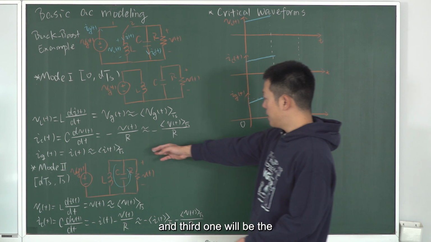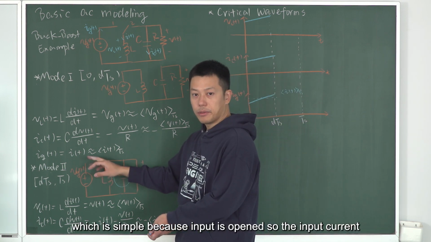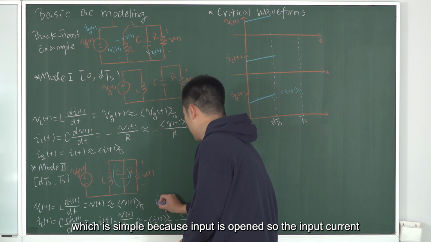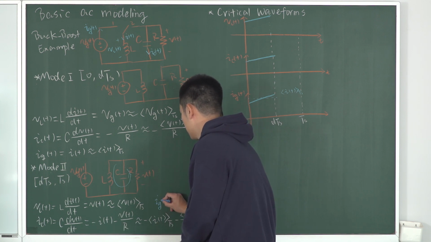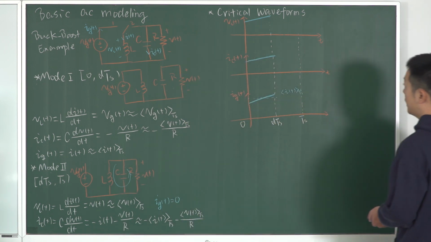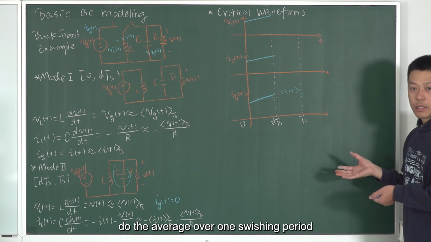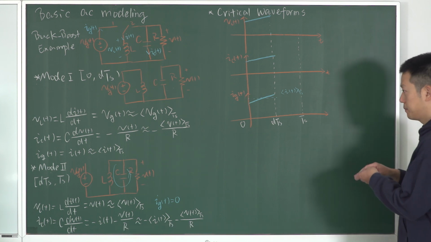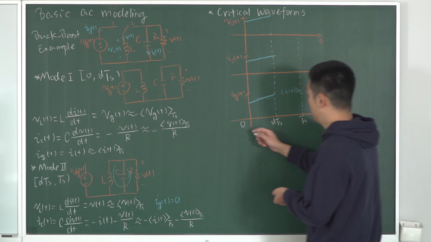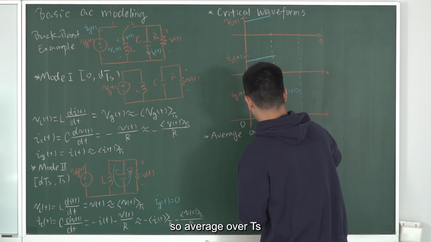And the third one will be the input current, which is simple because the input is opened, so the input current equals 0. All right, so next let's try to do the average over one switching period, average over Ts.